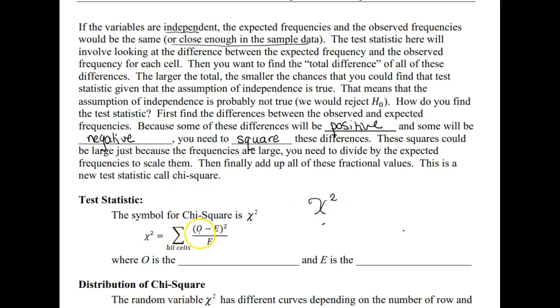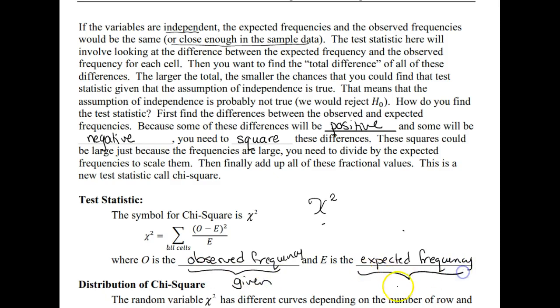In here, O stands for the observed frequency, and E stands for the expected frequency. The observed frequencies are given, the expected frequencies are computed assuming independence. So what we would expect in each cell if these two variables really are independent.